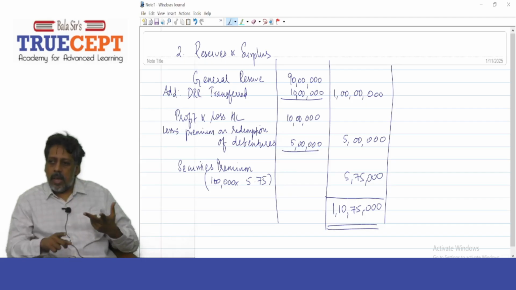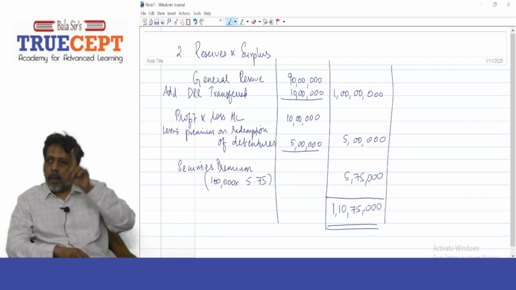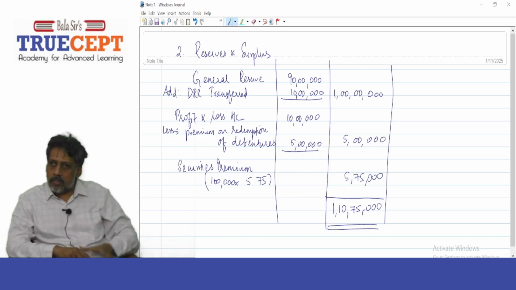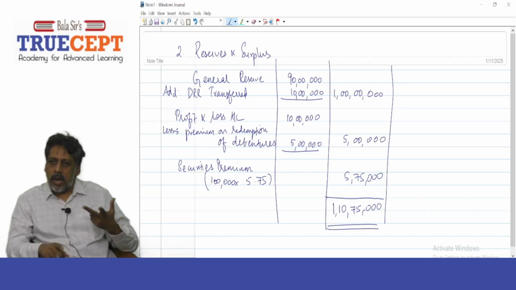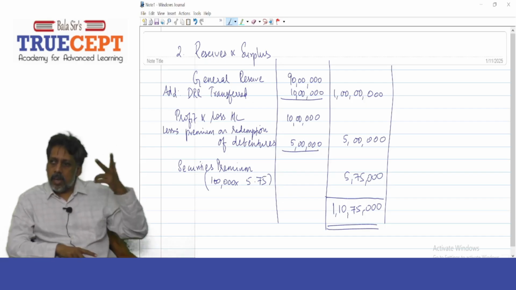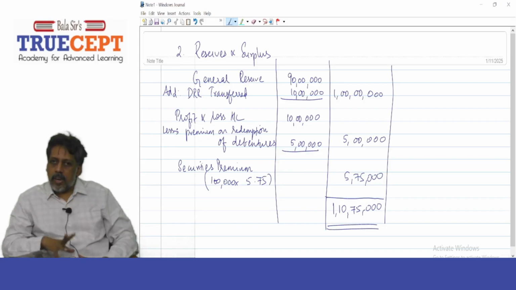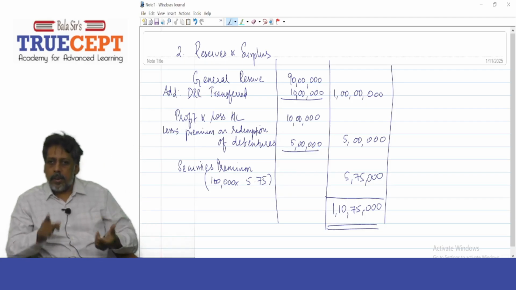And what is the balance in P&L given in the question? 10 lakh rupees. From that, minus the premium on redemption of debentures, which is a loss to be written off. What is the amount? 5 lakh rupees. That is 1 lakh debentures redeemed, doesn't matter conversion or whatever, into rupees 5. You paid 105, remember? So 5 rupees extra, so 5 lakh is subtracted. So the net amount is 5 lakh in P&L.